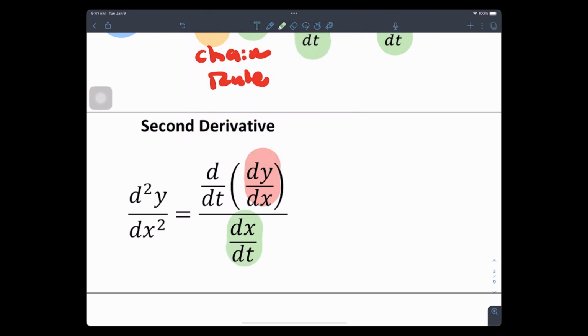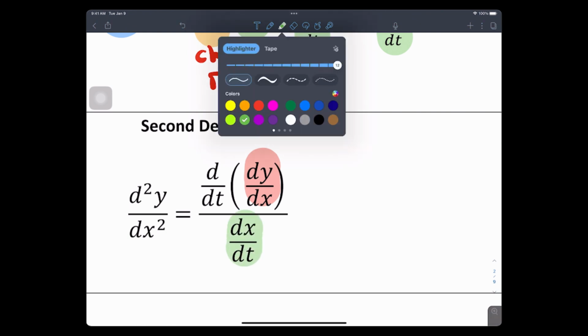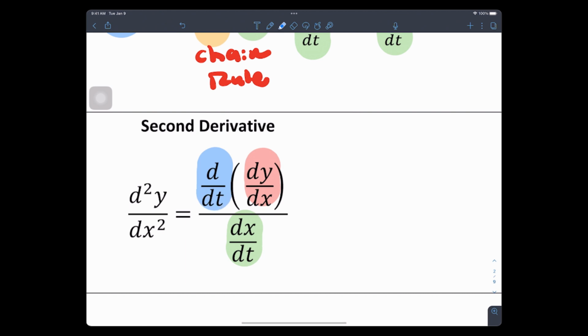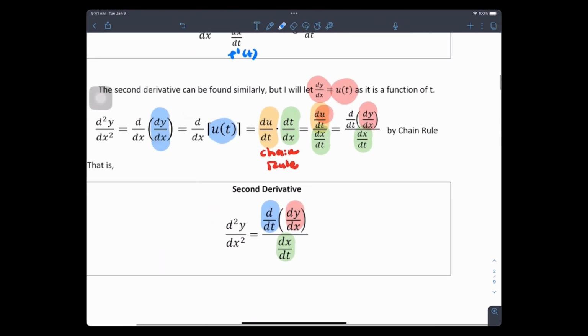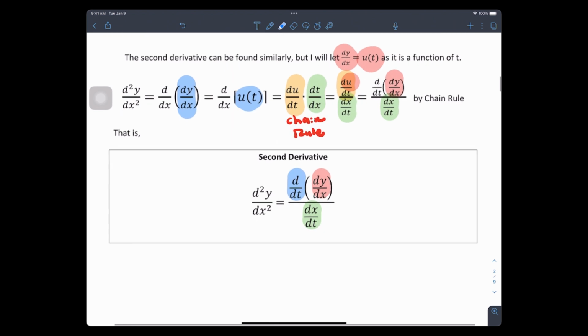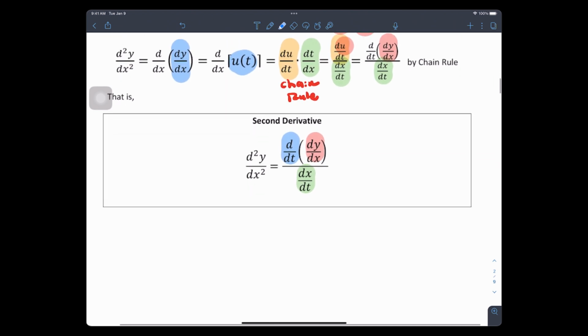Yes, you have dx dt, but what you have to do is take the derivative with respect to t of that first derivative. You take d dt of that first derivative, and then that'll be over dx dt. This is your proof. It's a proof that's in your book, and it's a proof I just went through.